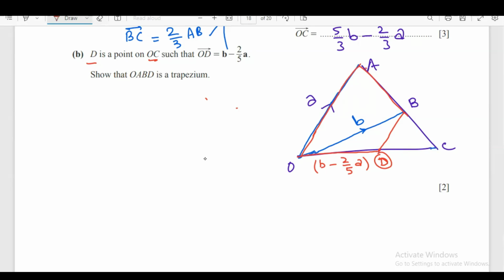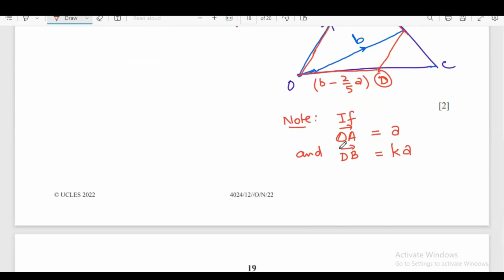So there is a note here. If vector OA equals a, and suppose vector DB is k times a, then since vector DB is a multiple of vector a, we can say vector OA is parallel to DB. This is a note here.